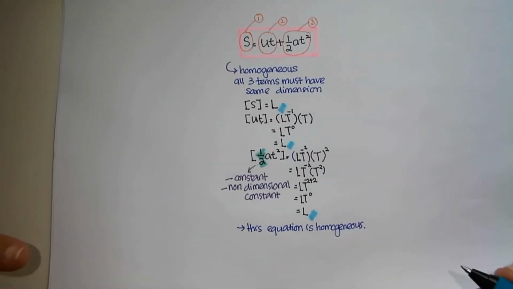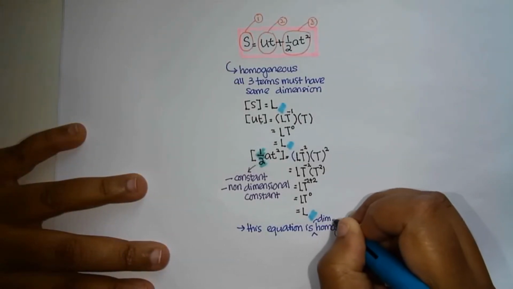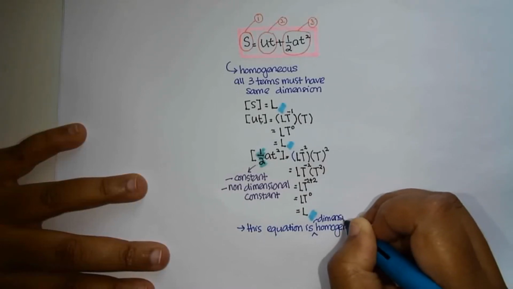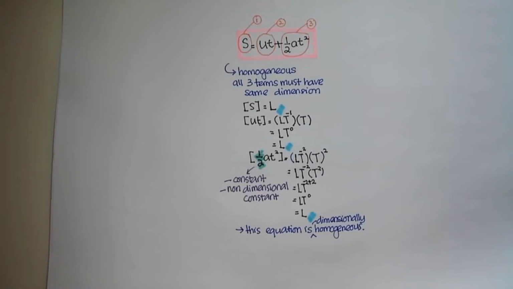This equation is dimensionally homogeneous. That is the meaning of checking the homogeneity of an equation: finding the dimension of each term.